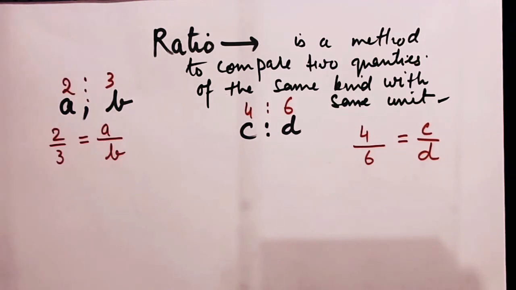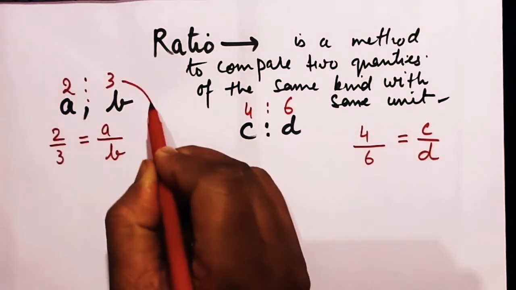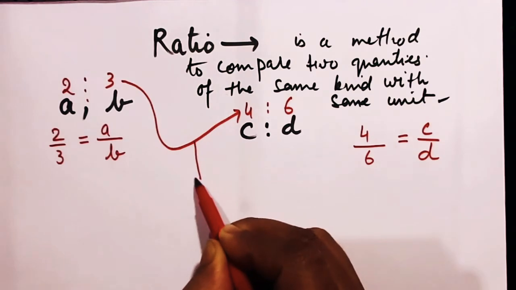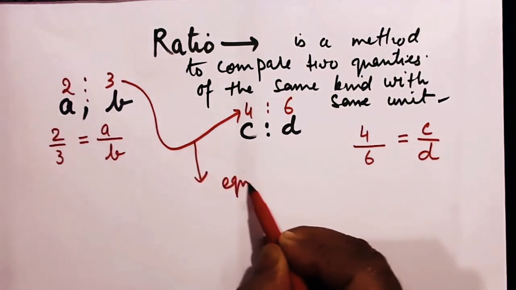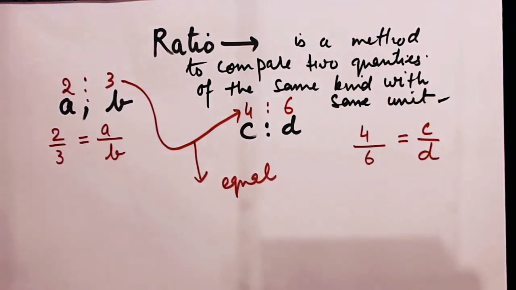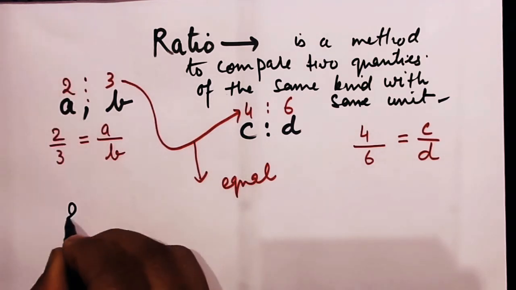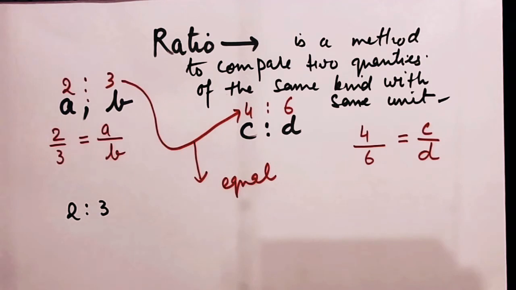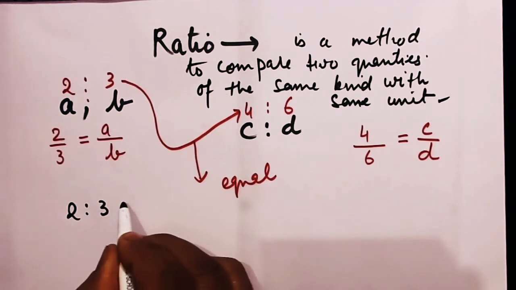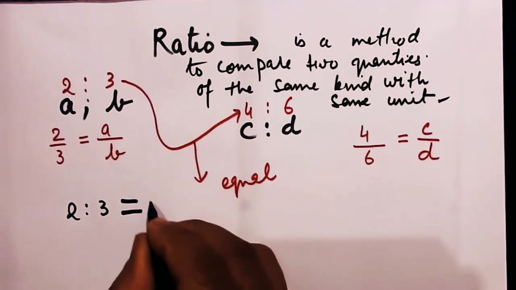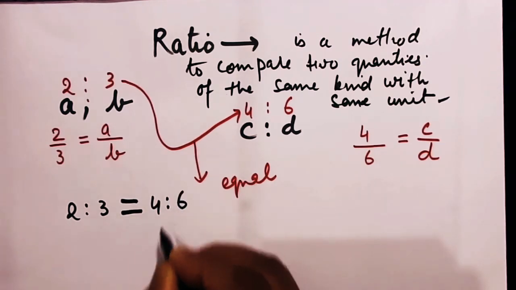Now have a look. This 2/3 and 4/6, they are equal. So you can say the ratio 2:3 is equal to 4:6.